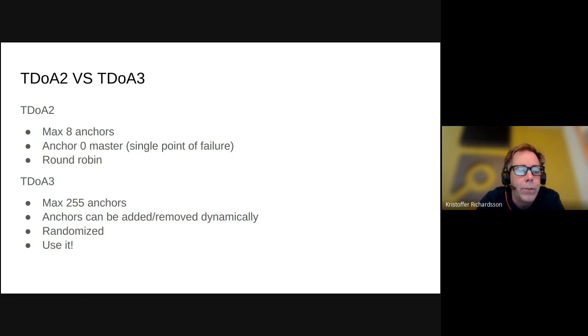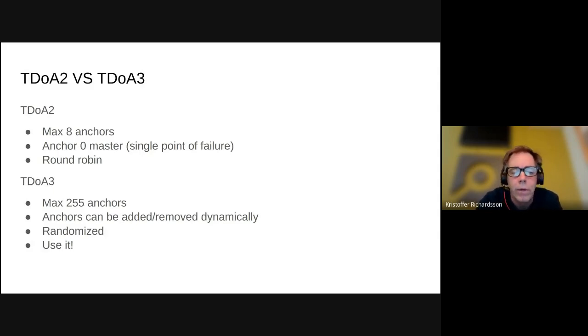So in TDOA 3, we tried to fix this, and we changed to a paradigm where we transmit at random times instead. So the anchors are pretty much all equal. They're just randomly transmitting data. But this makes it much more robust because all the anchors are equal, so you can add and remove anchors dynamically.